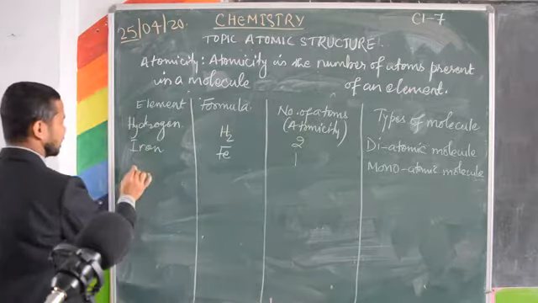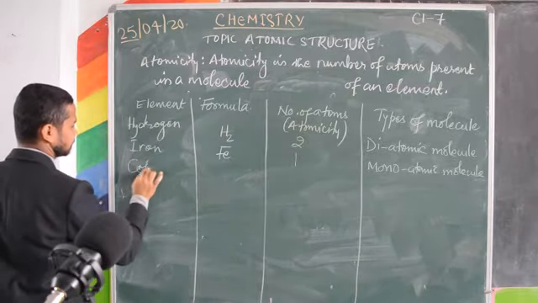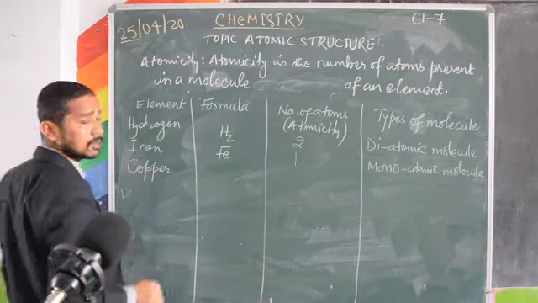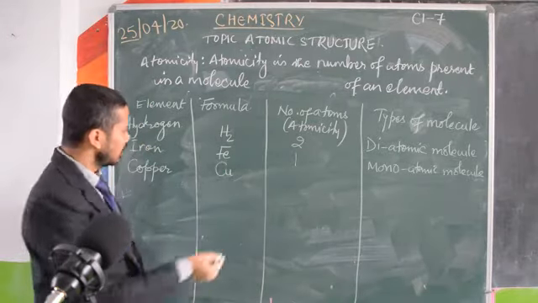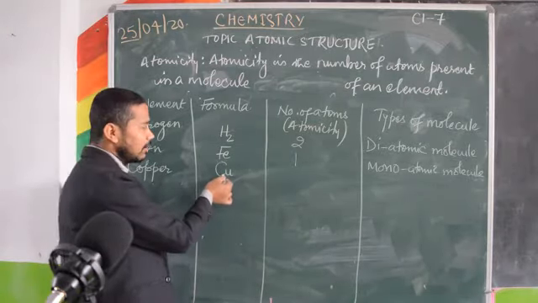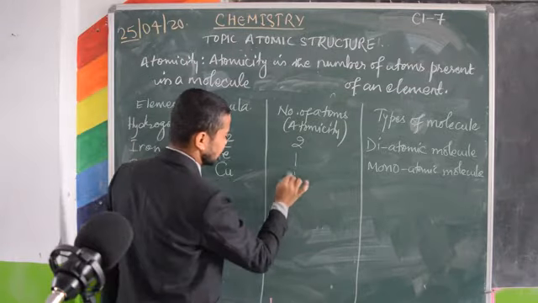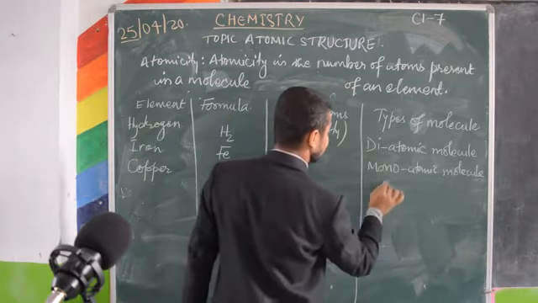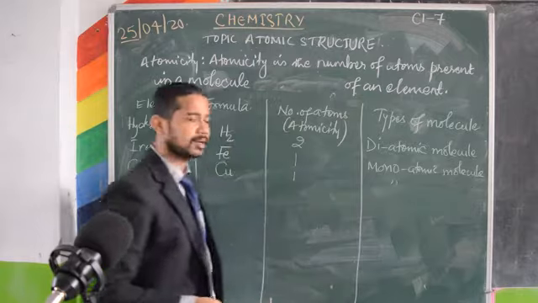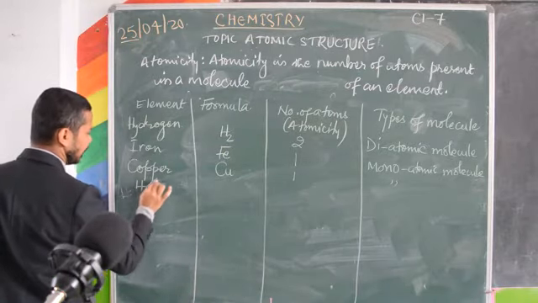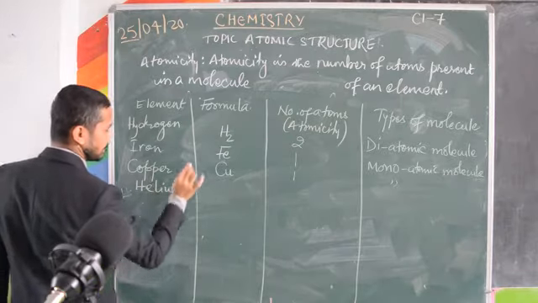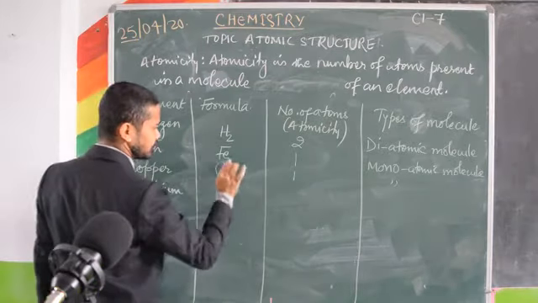Again, if I write copper, then formula Cu. Here there is only one atom of copper, so it is also monoatomic. Then helium, formula He.